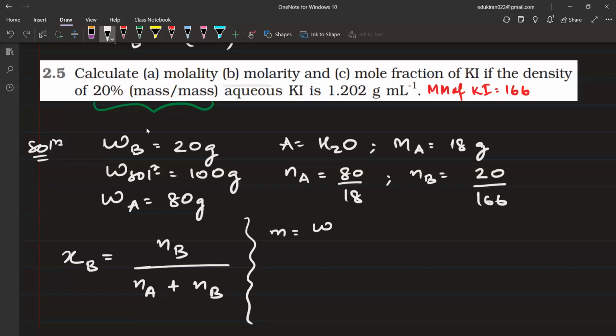I have WB, that is 20, into 1000 divided by MB, I have MB 166, multiplied by 80, WA. Molality will come. Whatever the answer is, you will get it in moles per kg. All of you got this, yes or no?